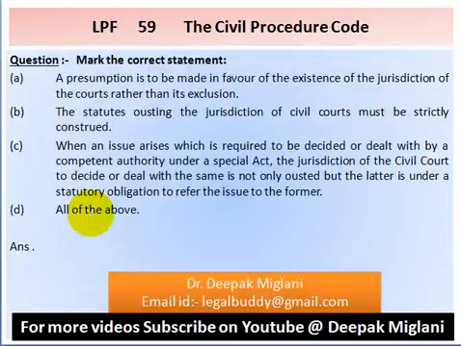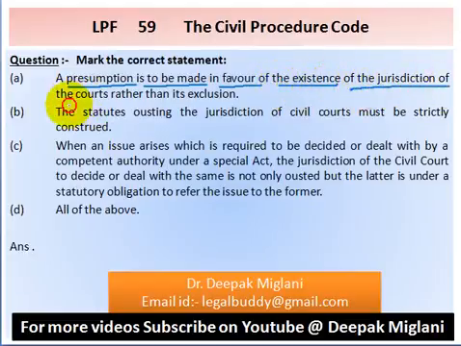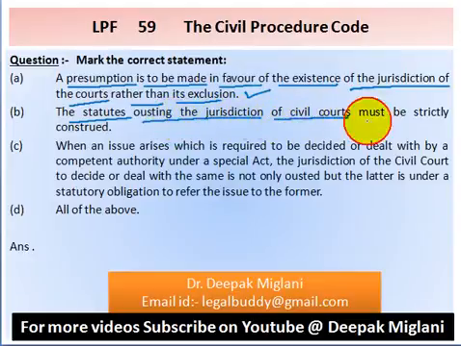Question number 59. Mark the correct statement. Option A, a presumption is to be made in favor of the existence of the jurisdiction of the courts rather than its exclusion. This statement is correct. Option B, the statutes ousting the jurisdiction of civil courts must be strictly construed. This is also a correct statement.